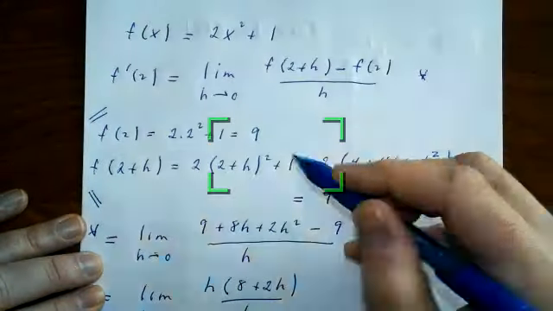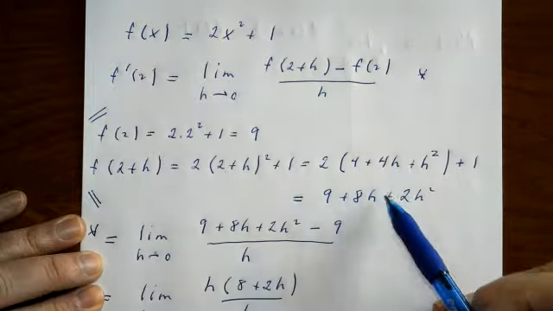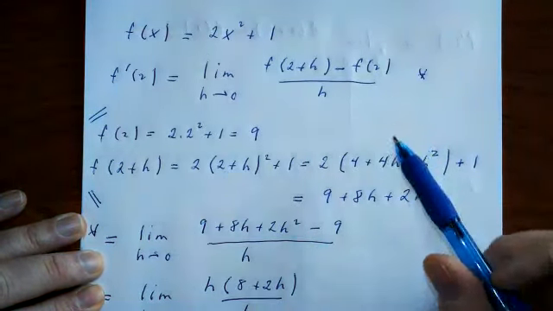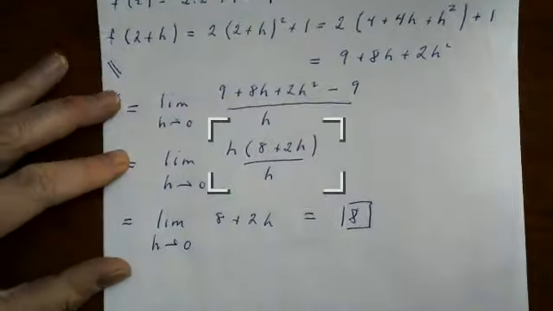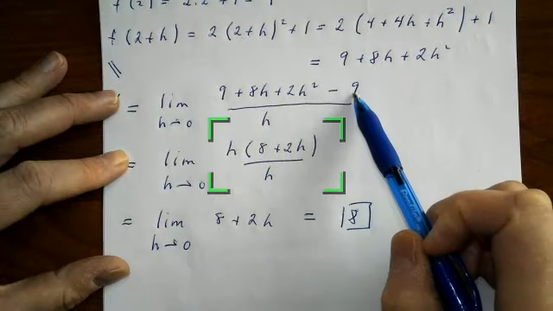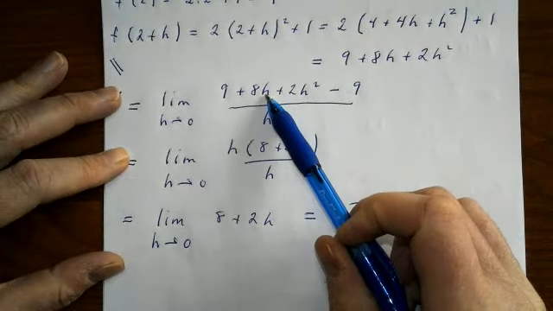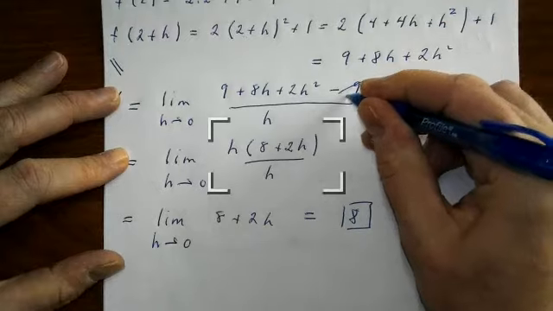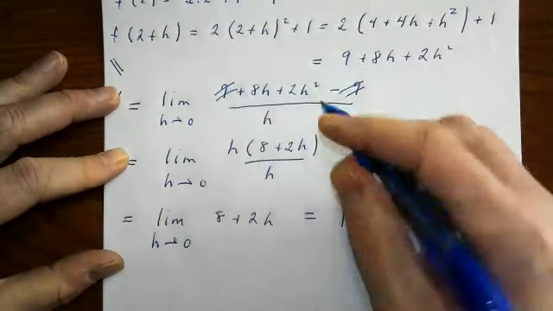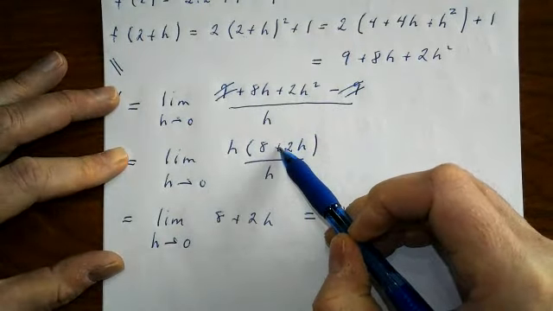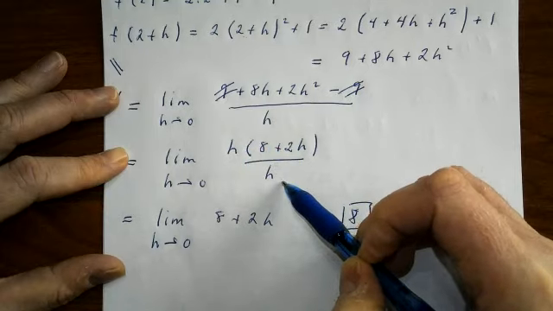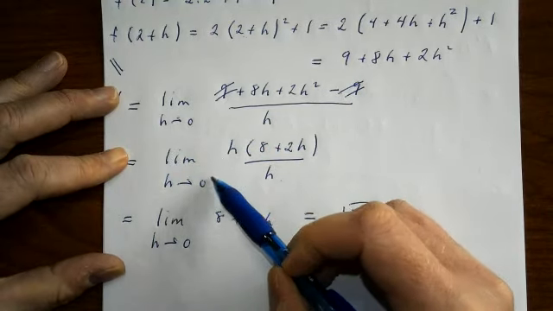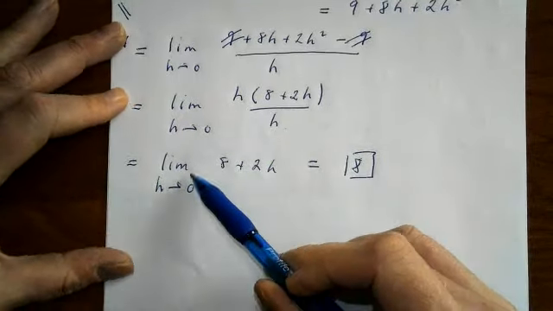So I've done my little side calculation. F of 2 plus h is this quantity. I'm going to subtract f of 2, and here's what I get. The 9s cancel. We can factor an h out of 8h plus 2h squared. We can cancel the h's because h is not equal to 0, as guaranteed by this notation.